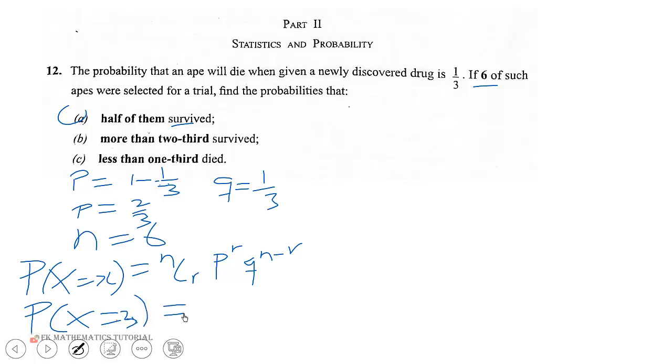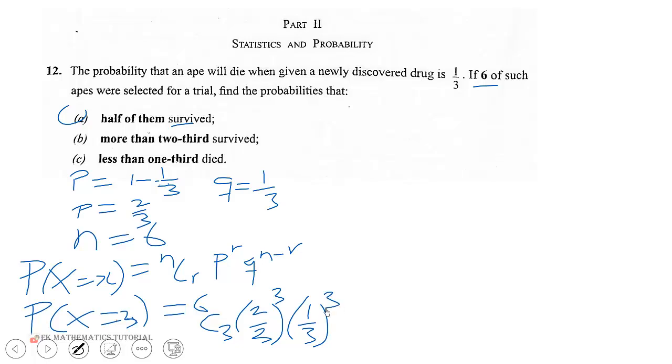So that will be equal to 6 combination 3, 2 over 3 exponent 3 times 1 over 3 exponent 6 minus 3, which is 3.